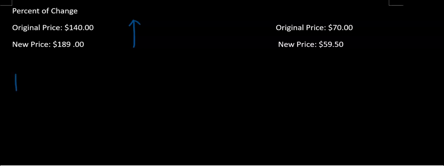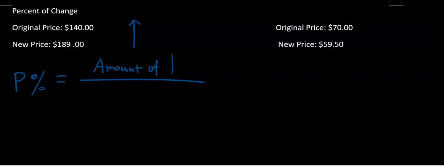Therefore, in order to find a percent of change, we're going to say P represents percent. P percent equals amount, this money we're talking about, amount of increase, over, which means divided by, original amount.